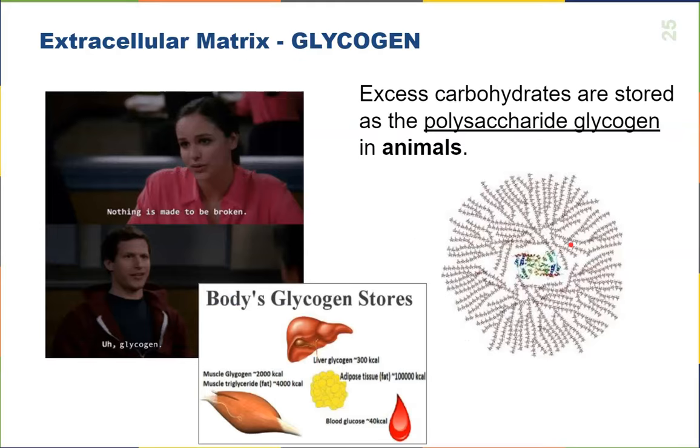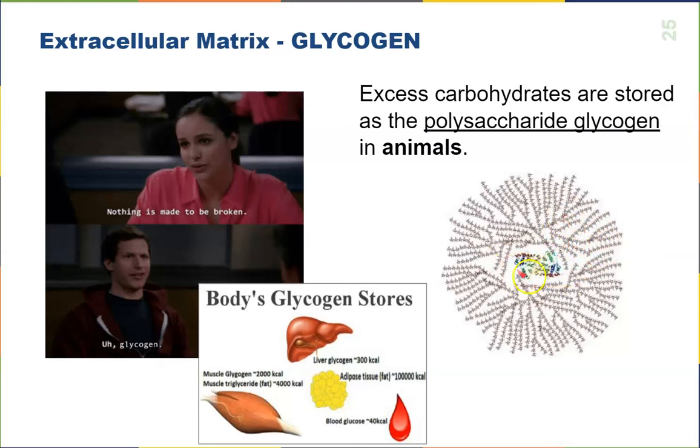Okay, so back to glycogen. Glycogen is what we have. This here is one molecule of glycogen. So each of these red little structures is a monosaccharide. Just take a second and look at how many there are. Crazy how big it is. But it's a really nice structure. Each of the red is the carbohydrate portion.